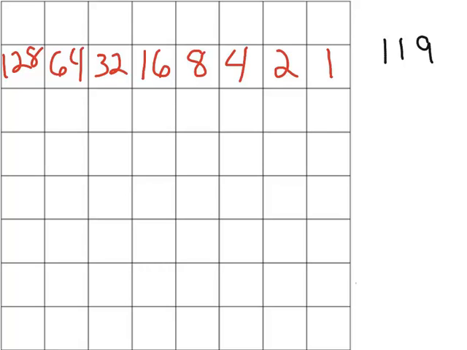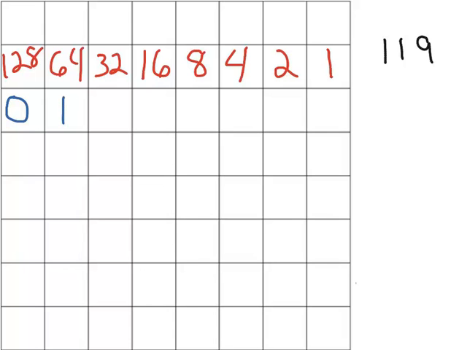And I ask myself, which one of the red numbers comes close to the 119 without going over it? So I look at this and I say, well, 64 is the closest. 128 would actually go over 119, so that would violate my rule, and therefore I would have to put a 0 underneath 128, but I can put a 1 underneath 64.